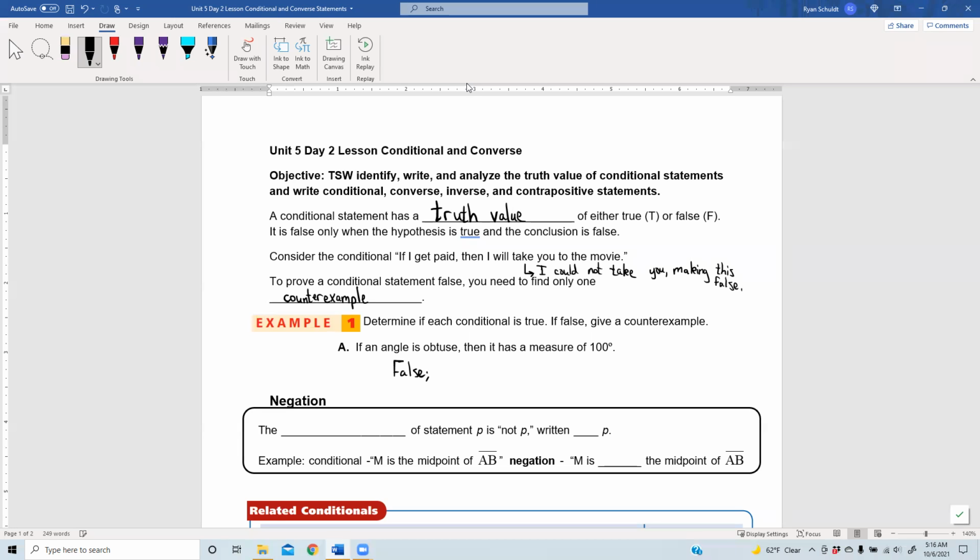And then you would just say an obtuse angle could also be, if you really wanted to take a low cut at someone, 101 degrees. Ha, you're wrong. That's the counterexample.